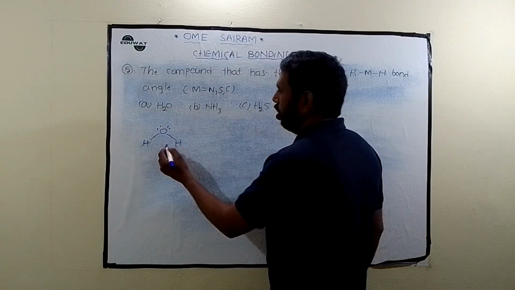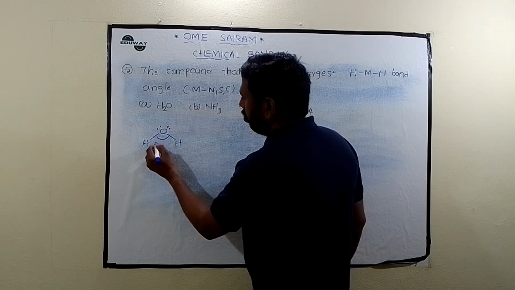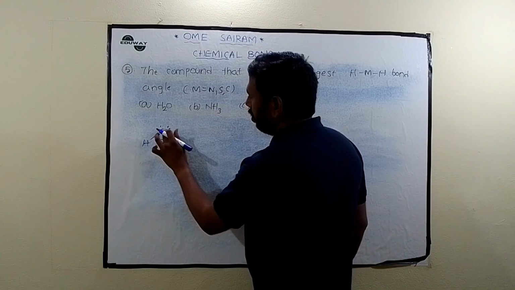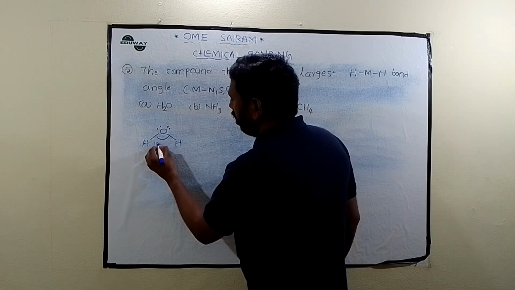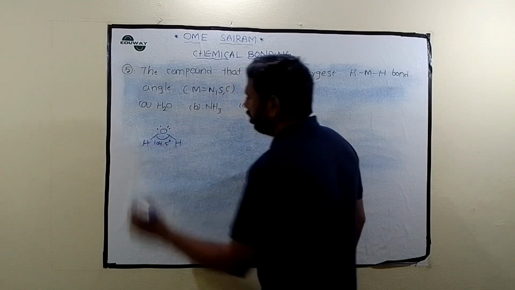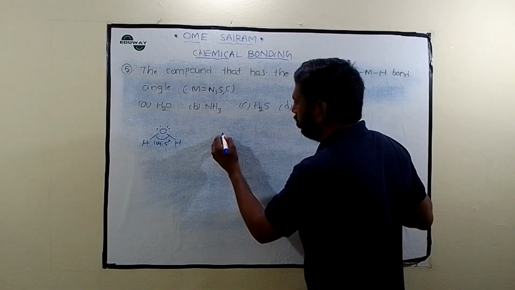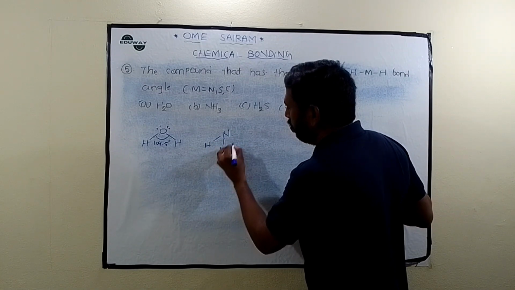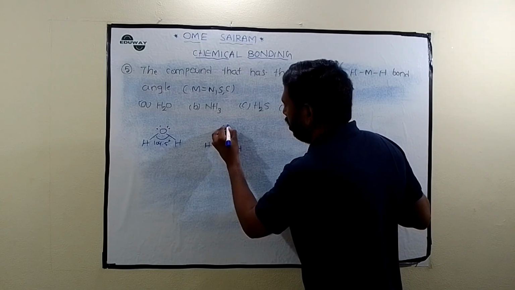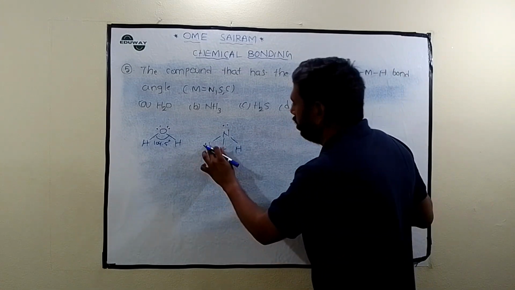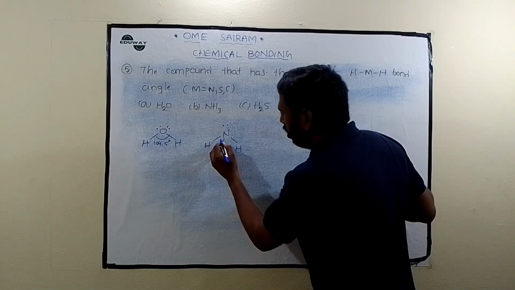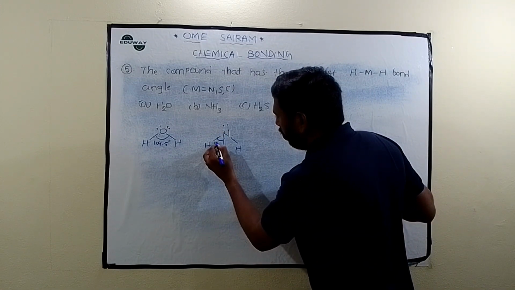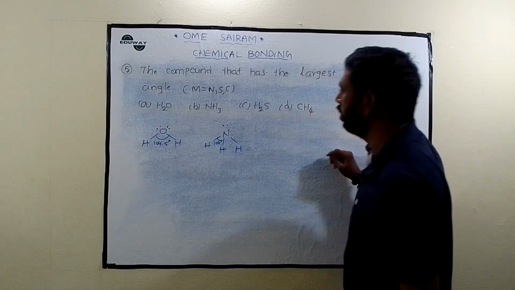In the H2O molecule, the HMH bond angle is 104.5 degrees. Next, NH3. It has a pyramidal shape and it has 1 lone pair, and the HMH bond angle is 107 degrees. Next, H2S.